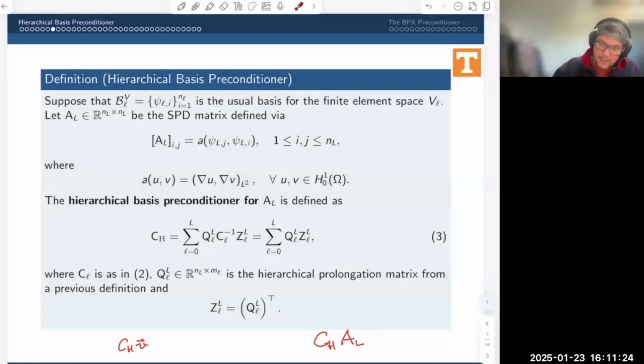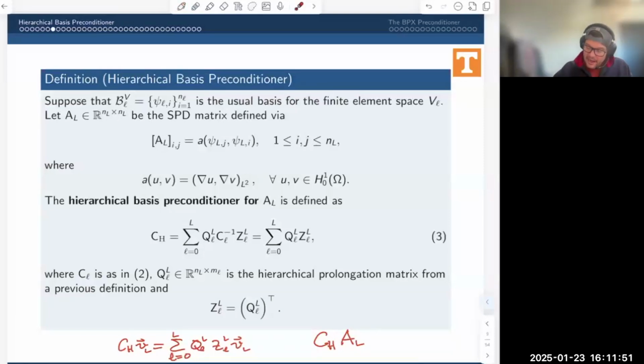So for example, if I want to affect this matrix vector multiplication, I can do it via a sum, L equals 0 to capital L, Q_LL Z_LL times v. And if you like, we can put a v subscript L here to indicate that it's from the fine level space.